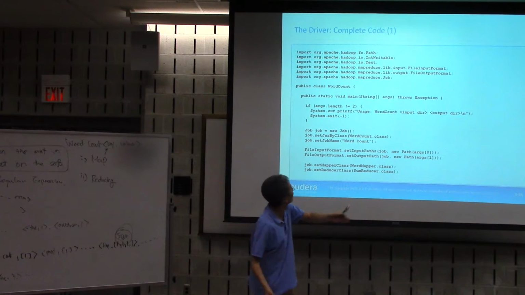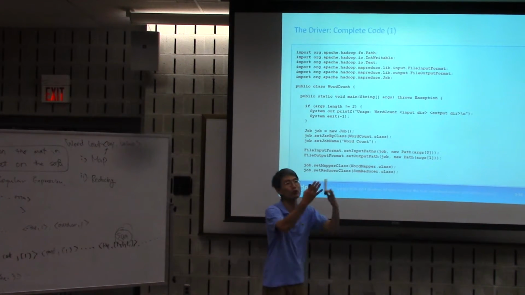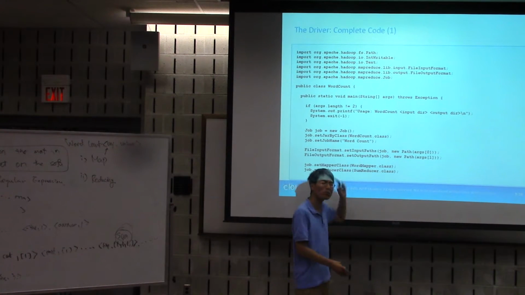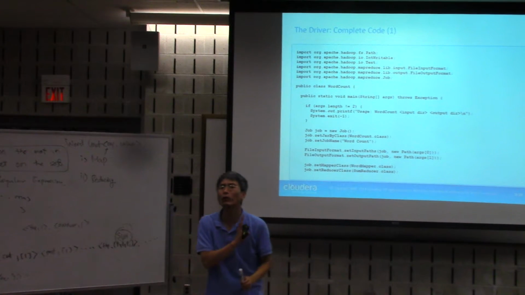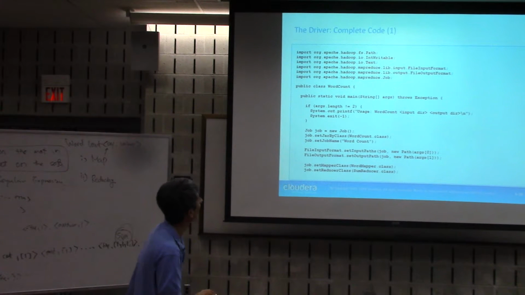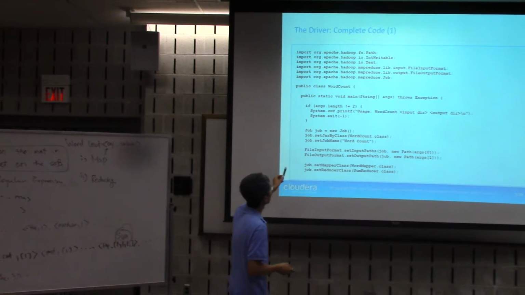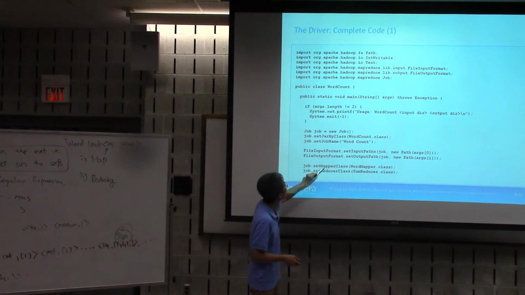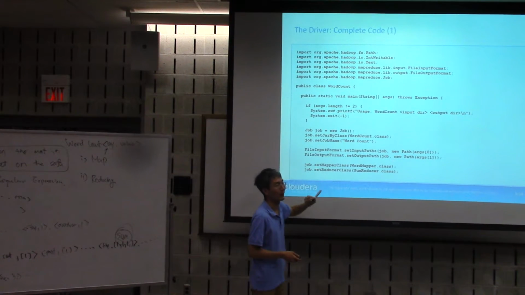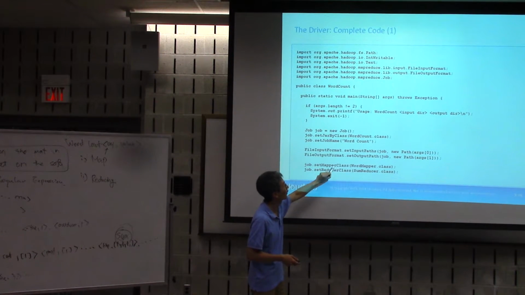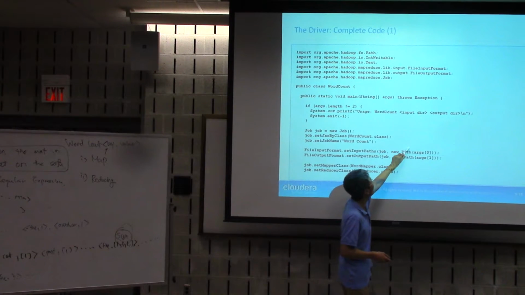We will see that later. And this is the name of your job. If you do not specify it, there should be a default name, though I'm not sure. This is the file input format and file output format. Where is the input file?